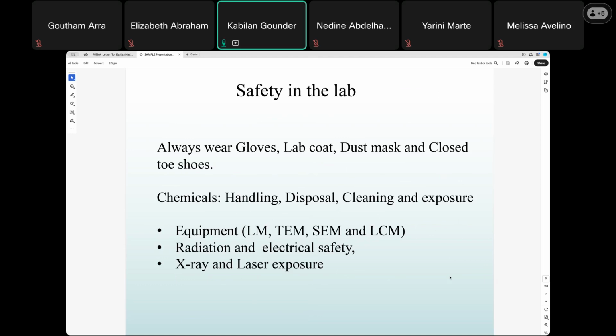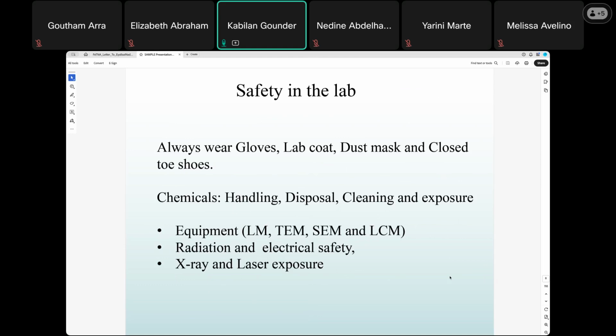So the cleaning is very, very important, because it is not only to protect yourself or the instrument or the area where you are working, especially the bench, weighing area or hood. Wherever you are working with any chemicals, you have to make sure that you clean them before you leave.